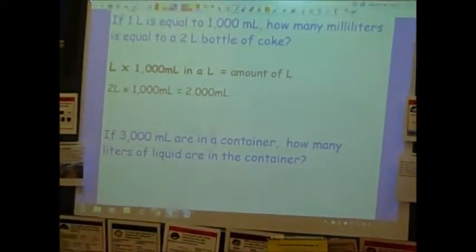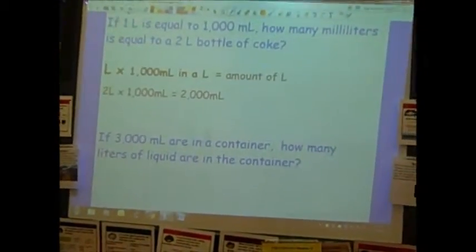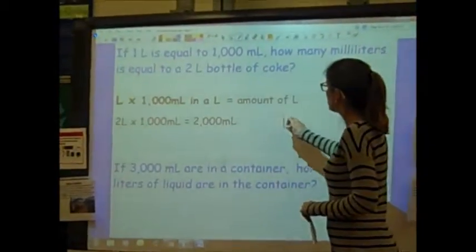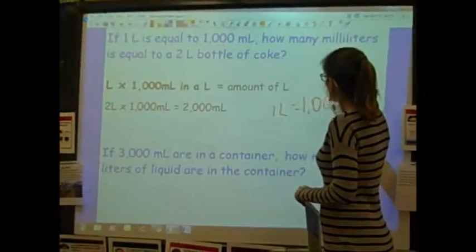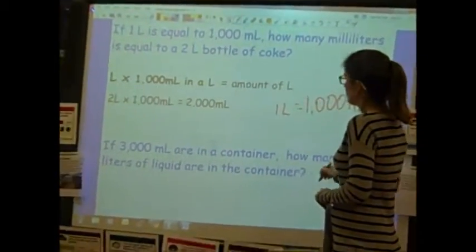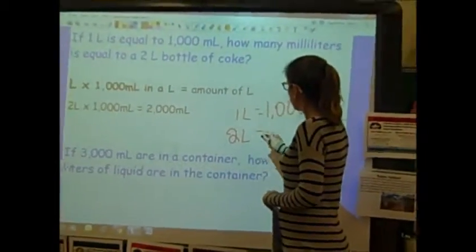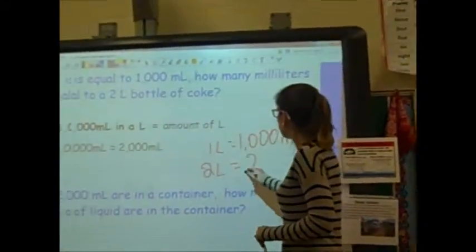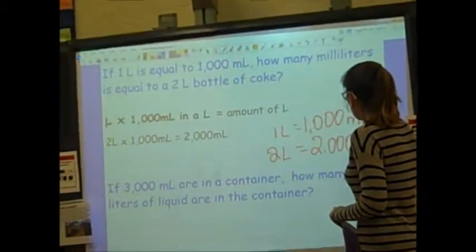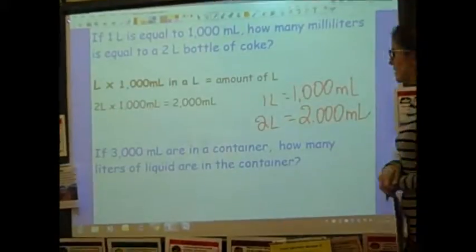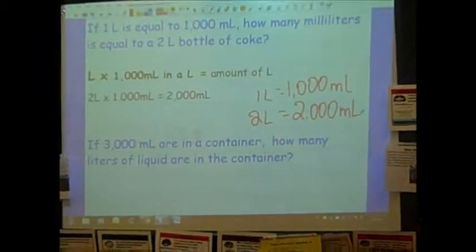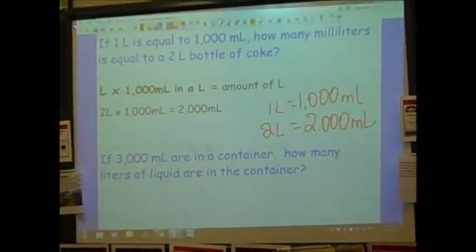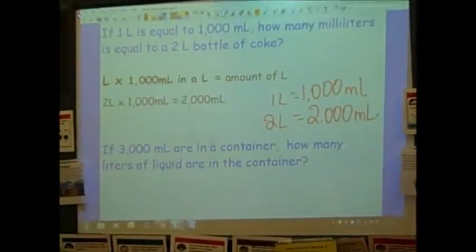So if 1 liter is equal to 1,000 milliliters, how many milliliters is equal to a 2-liter bottle? Two liters would be how many milliliters? 2,000. Multiply by 1,000. If there are 3,000 milliliters in a container, how many liters of liquid are in the container?